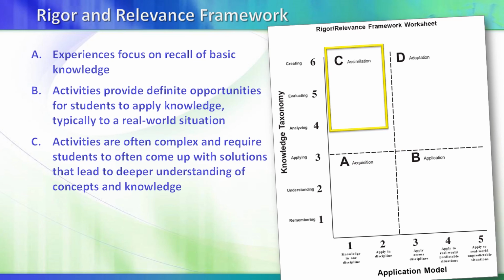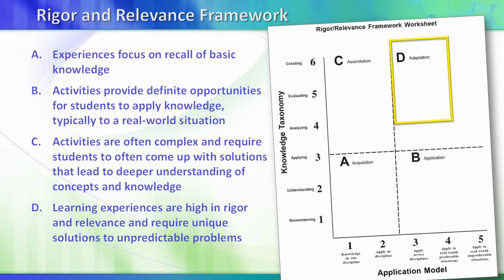Quadrant C, activities are often complex and require students to often come up with solutions that lead to deeper understanding of concepts and knowledge. In Quadrant D, learning experiences are high in rigor and relevance and require unique solutions to unpredictable problems.